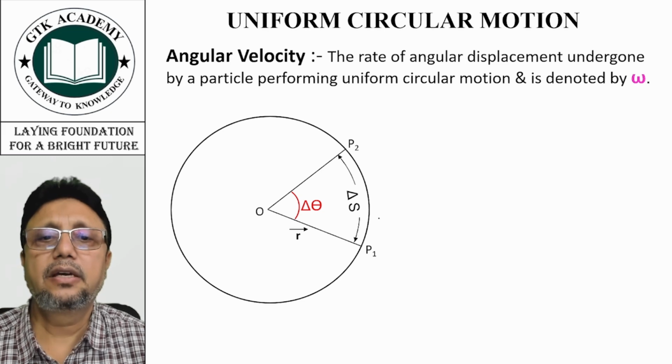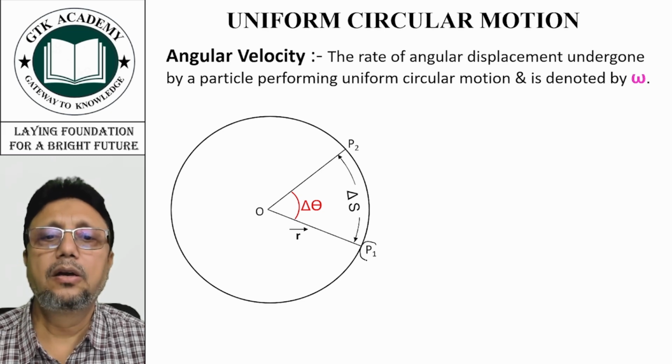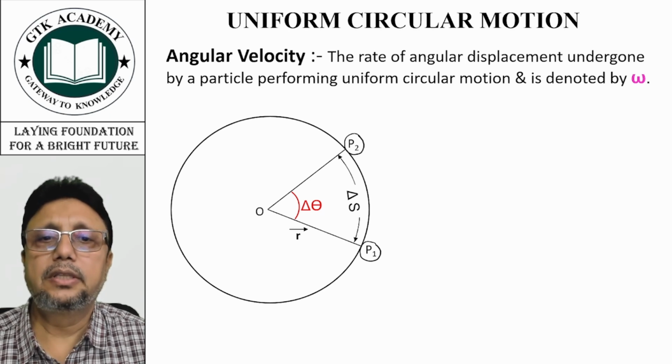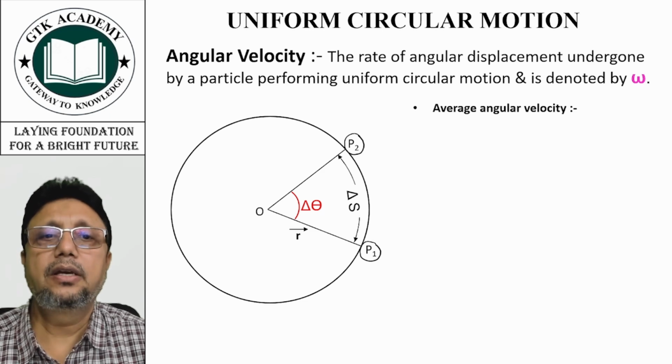In this case, if the particle moves from P1 to P2, then average angular velocity will be equal to delta theta upon delta t, if delta t is the time taken.